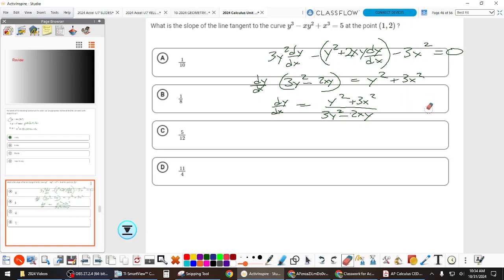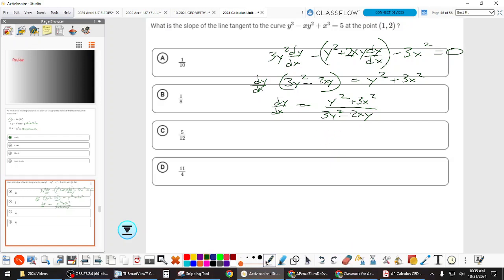Sorry. So 2 squared is 4. Yeah, that's 7 over, but it could simplify. Good point. And then 3 times y squared, that's 6. 6 minus 4 is 2, so 7 over 2. No.